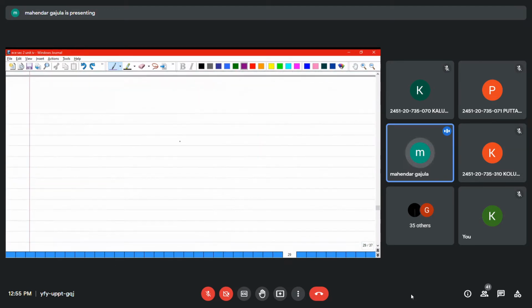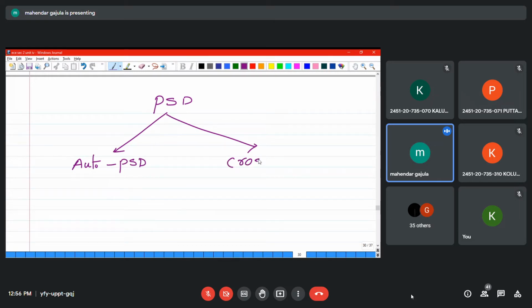Now let us classify the power spectral density. Power spectral density is of two types. Auto power spectral density. Second one, cross power spectral density. I said that by applying Fourier transform, a time domain signal is converted into frequency domain.